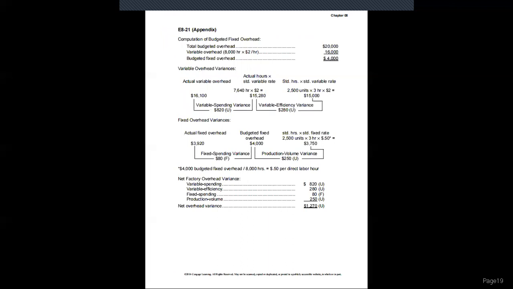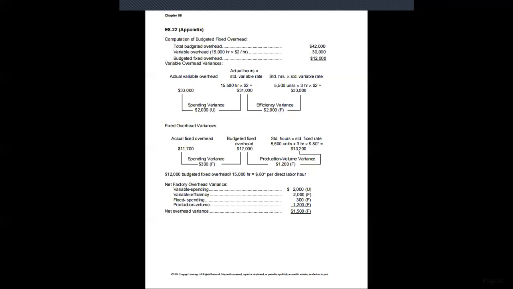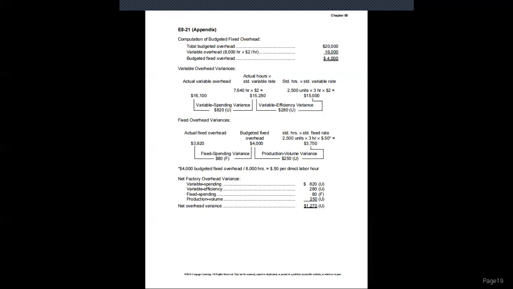Now we go to problem 21. For the exercises, using the four variance method, calculate the overhead variances. First, compute the budgeted fixed overhead rate. The Georgia Gasket Company budgets 8,000 direct labor hours for the year.